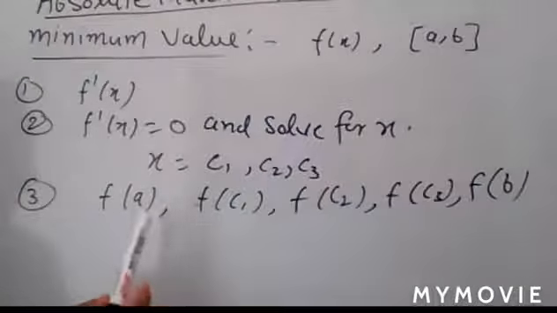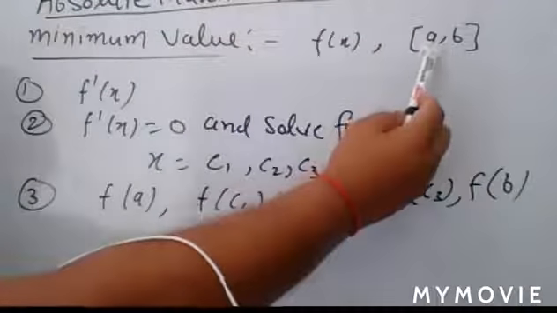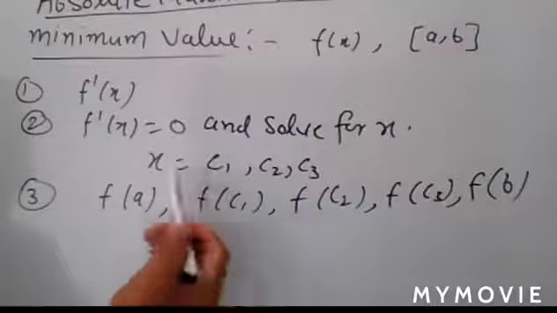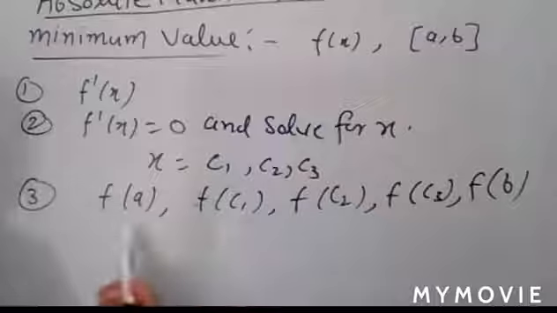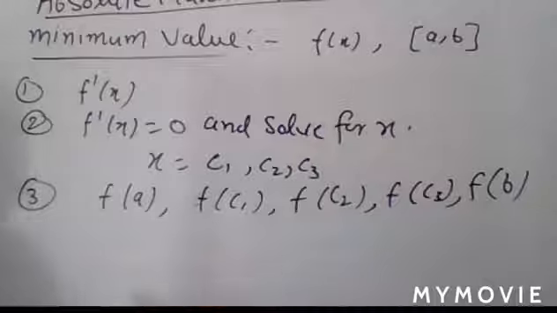Corresponding to all these points, the extreme points of the given interval as well as the values of x obtained, you have to find all the possible values of the function and check which one is the greatest overall.